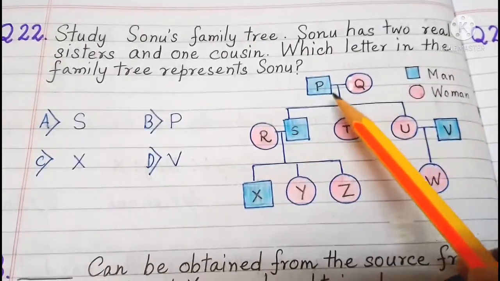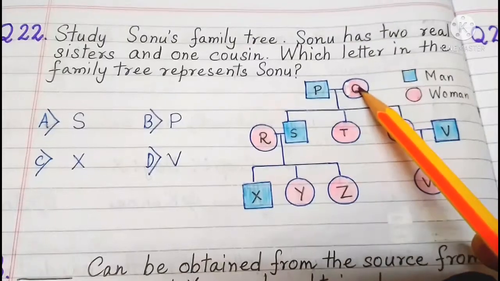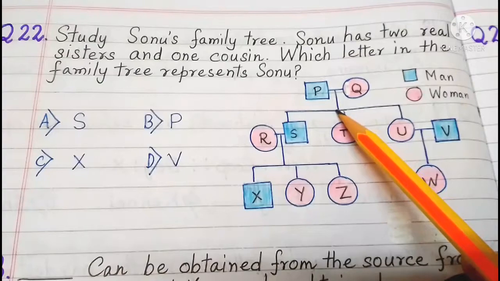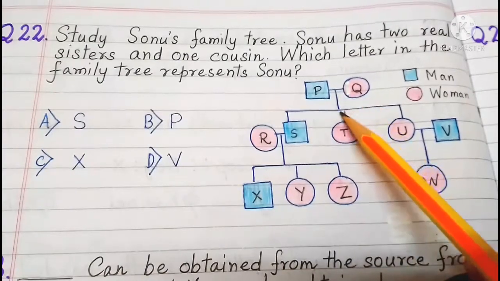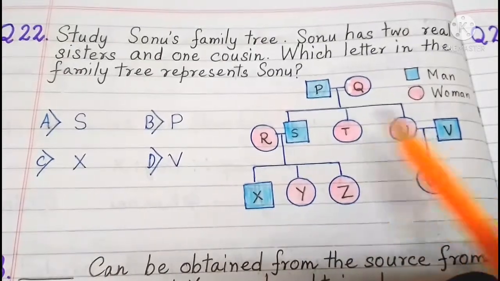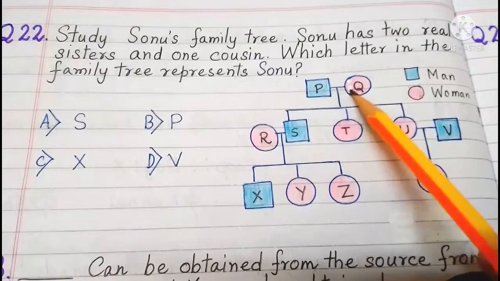Now, P and Q are married. This is called the marriage line, and this is called the offspring line. This is the vertical line.